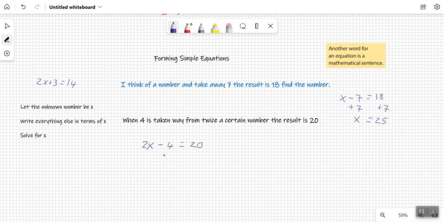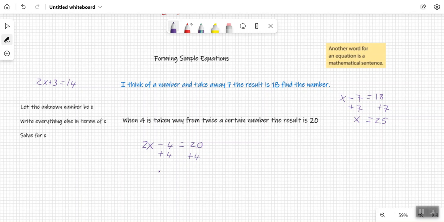And now we can start to solve for x. So we've let the number we want to know equal x. We write everything in terms of x, so that's what we've done here. And then we want to solve for x. So I can add 4 on this side and add 4 on this side.